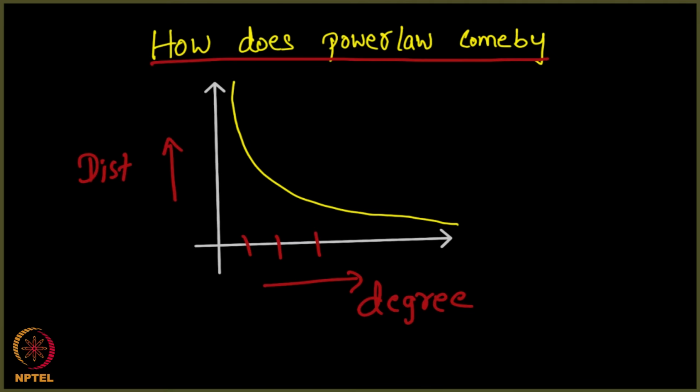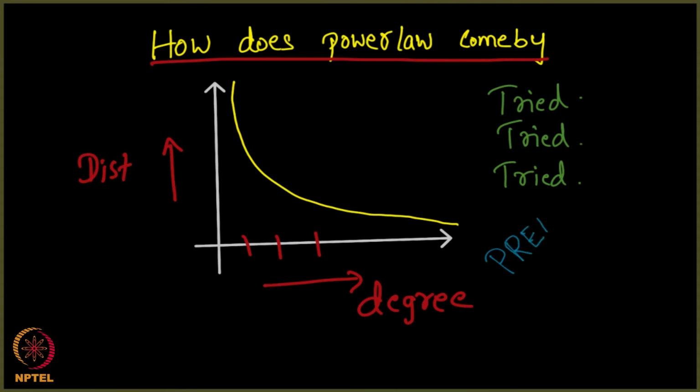Right? So many scientists have tried to understand this, and they have come up with their own set of hypotheses, and one of the most convincing hypotheses is what is called the preferential attachment hypothesis.